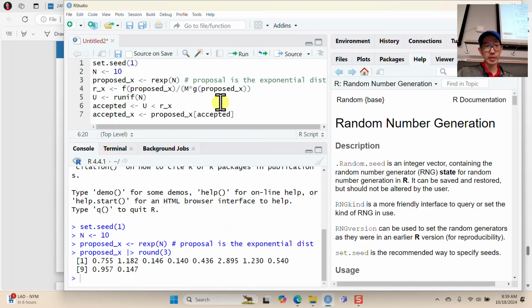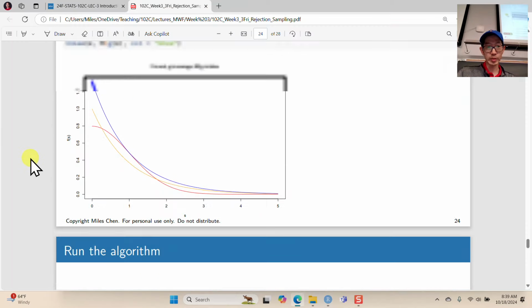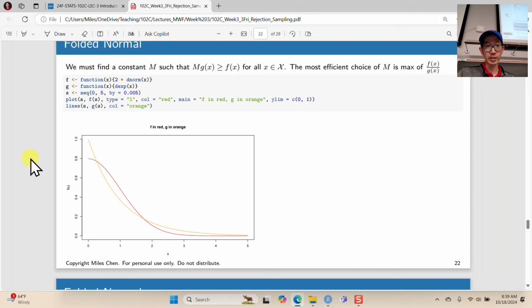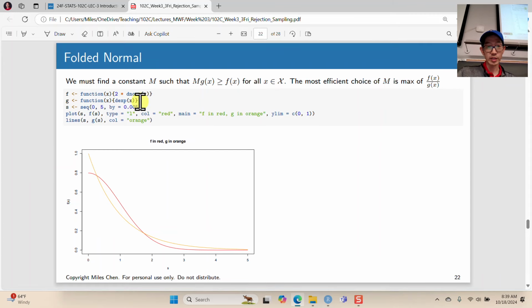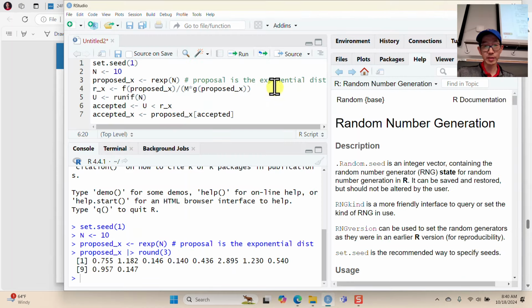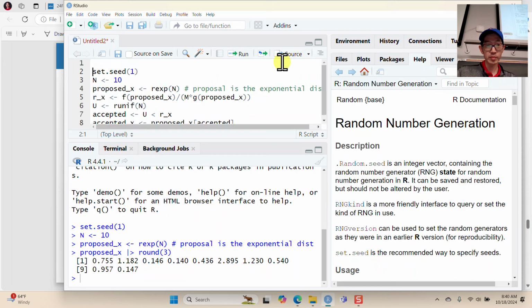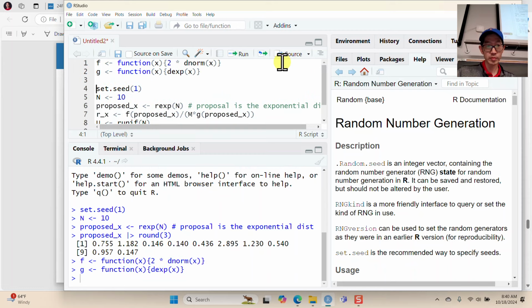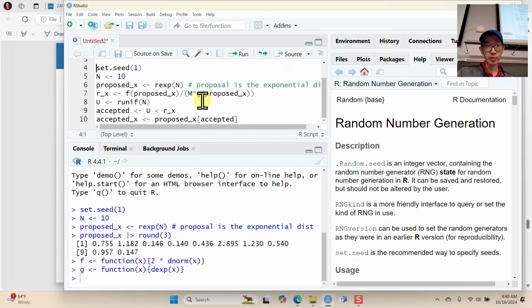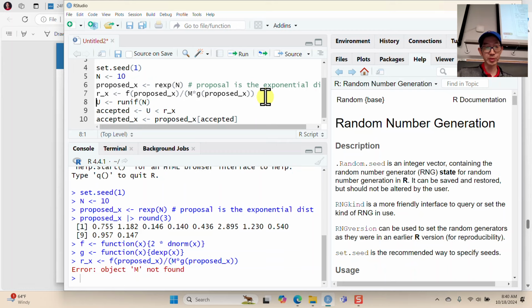What I need to do is calculate the PDFs of these things, and the acceptance ratio.